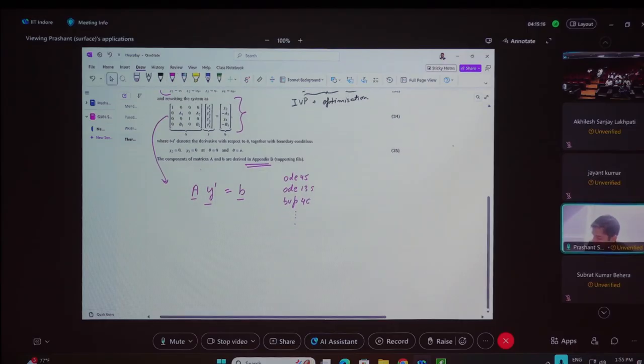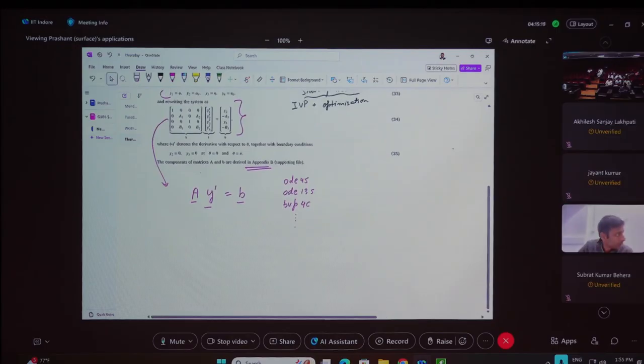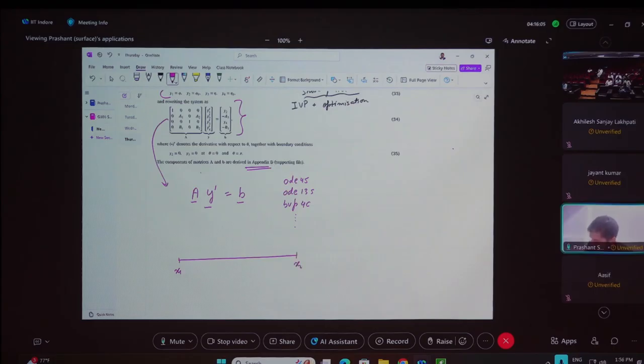If I look at a 1D problem, essentially what would happen is, let's say this is your domain between x1 and x2, and you want to solve this.